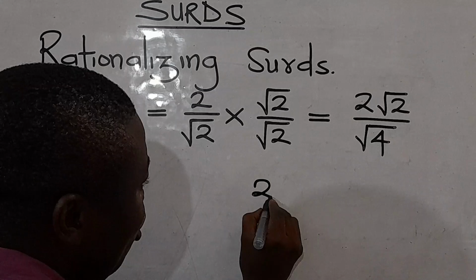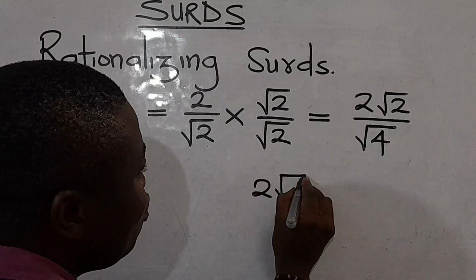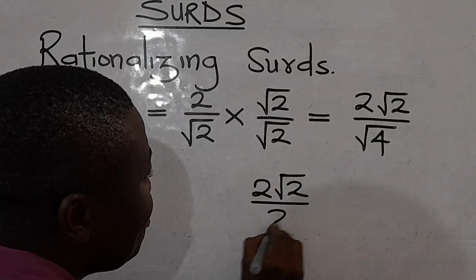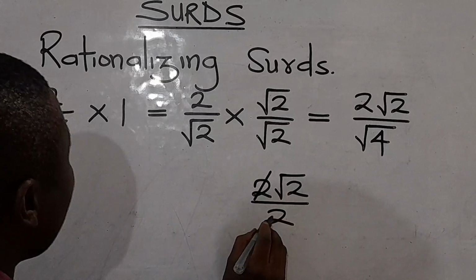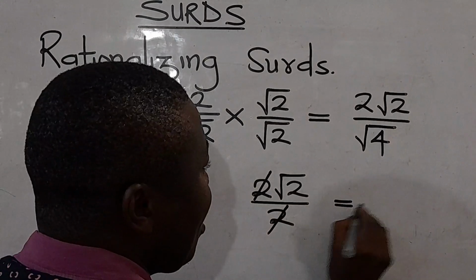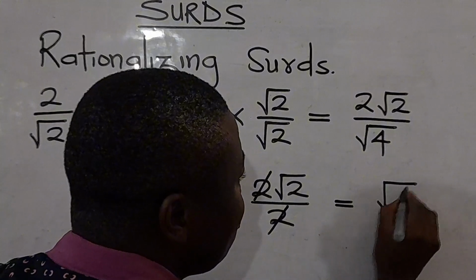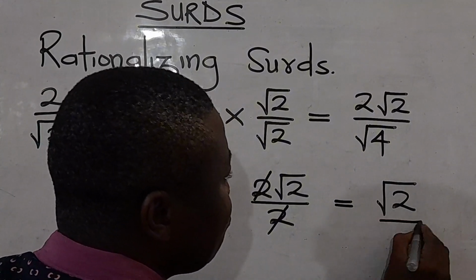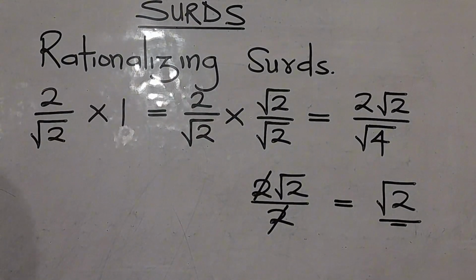The answer becomes 2 root 2 over 2. We can cut them off, the 2 we cancel 2. So our answer becomes root 2. So we have rationalized the surd to make it in its basic form.